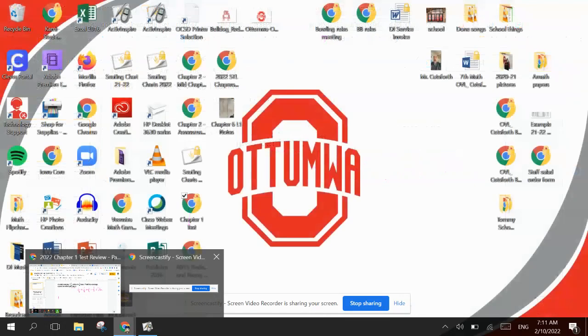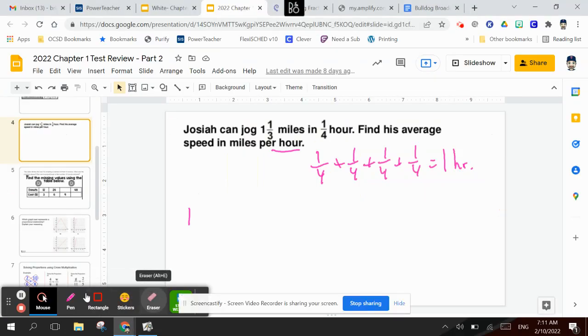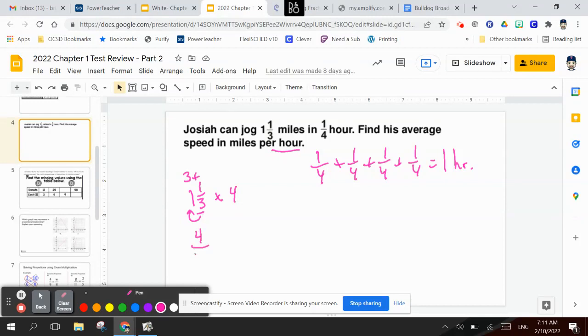Let me go back. Move my eraser back here. So I'm going to take 1 1/3 times 4. So I'm going to change 1 1/3 to an improper fraction. So I take 3 times 1, which is 3. I add that to my numerator, which is 4. My denominator stays the same, which is 3. And I multiply that by 4 over 1.